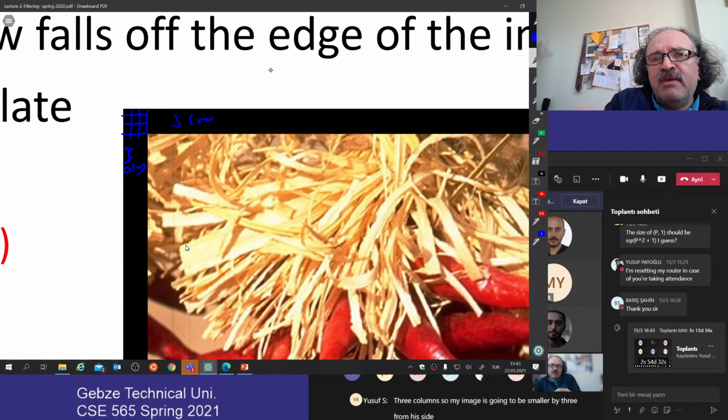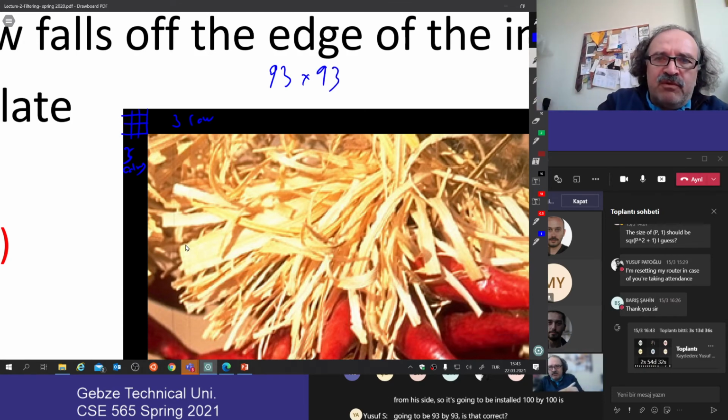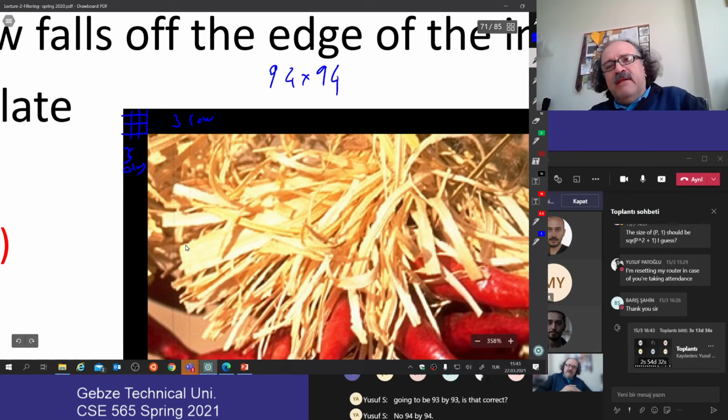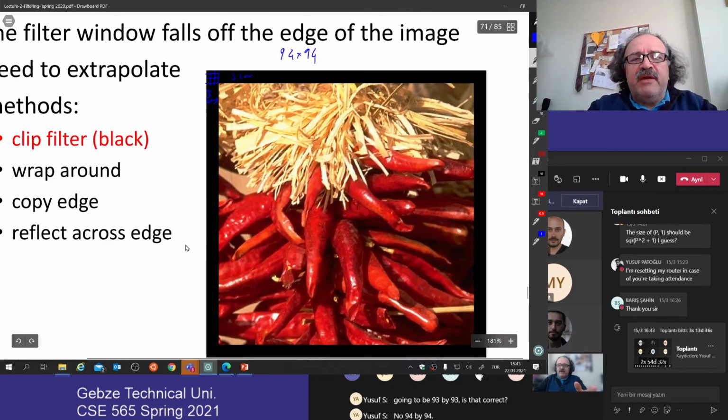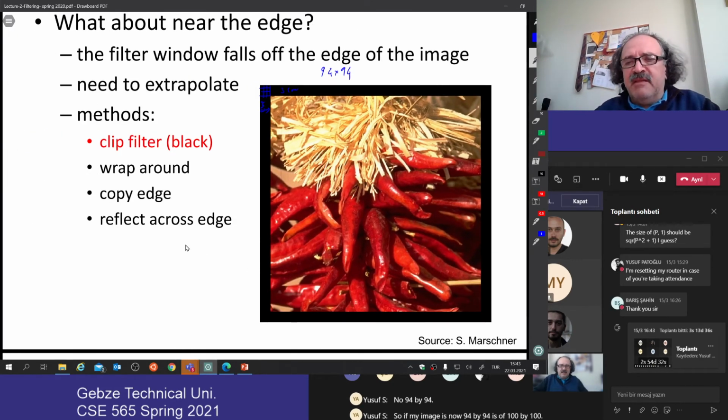Instead of 100 by 100, it's going to be 93 by 93. Is that correct? No, 94 by 94. So my image is now 94 by 94 instead of 100 by 100 because I clipped it.